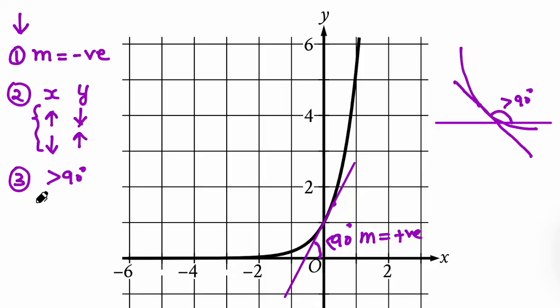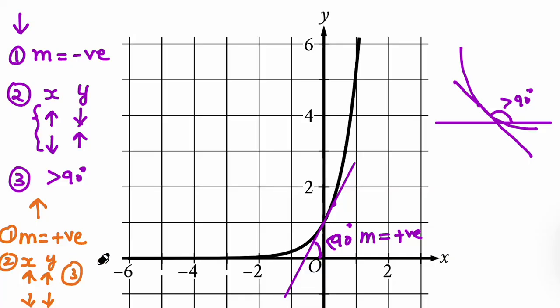And now if I come to an increasing function, slope is always positive, as in this case. And in terms of coordinates, if x is increasing, y is also increasing. And if x is decreasing, y is also decreasing. That means either both are increasing or both are decreasing. If you draw them on the graph, the third case is satisfied, that in this case theta will be less than 90 degrees.